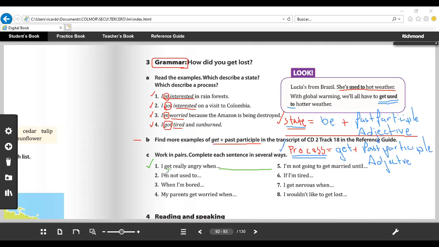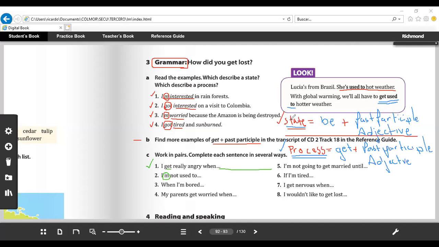Now the next one. I'm not used to... Right here, we have the form of the verb to be, so this is going to be a state. I'm not used to staying at home all day.